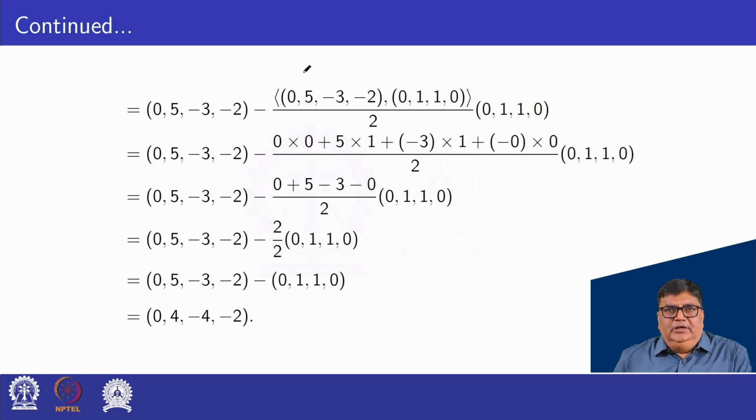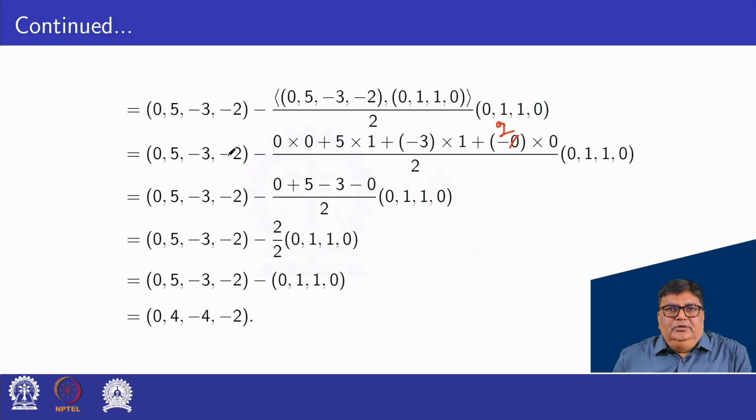Putting in the vector U2, the inner product of U2 and U1 is this into this plus 5 into 1 plus -3 into 1 plus -2 into 0, upon 2, into (0, 1, 1, 0).